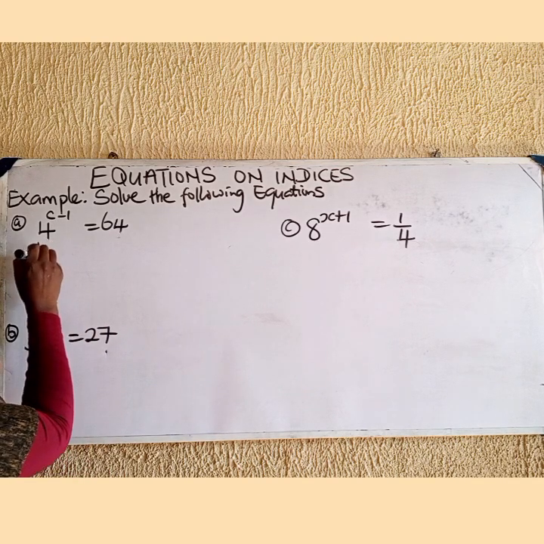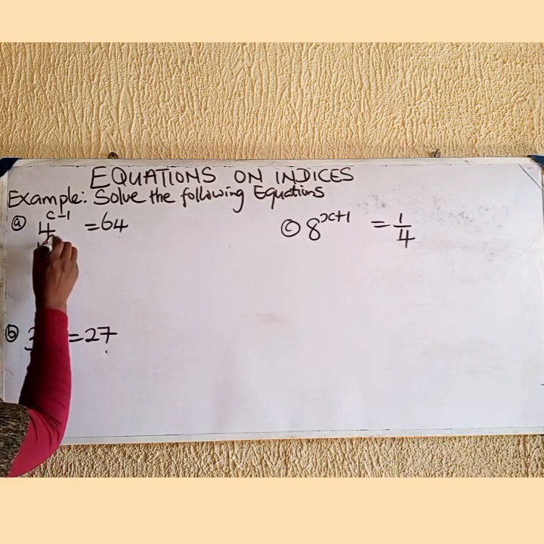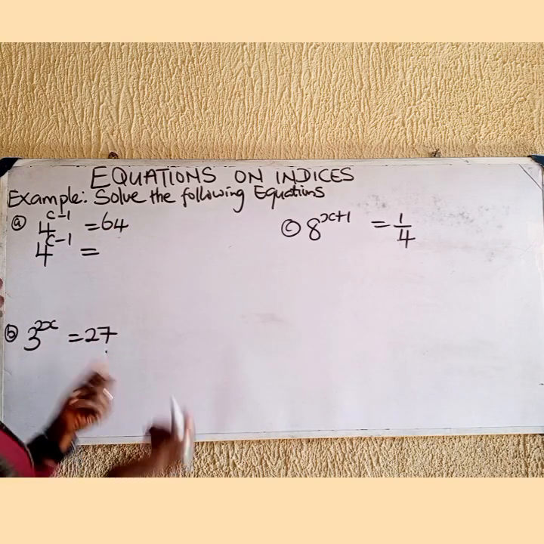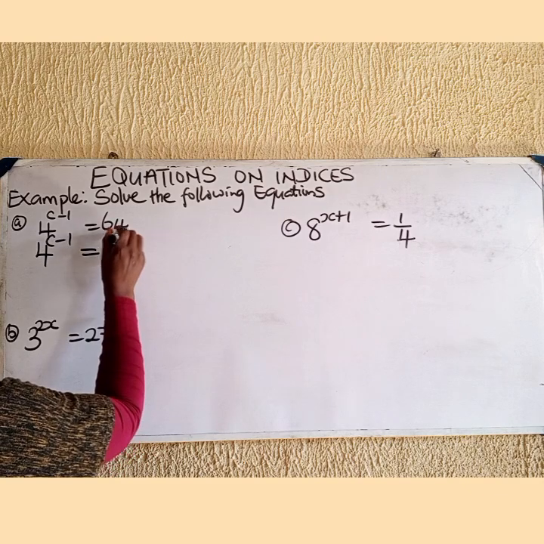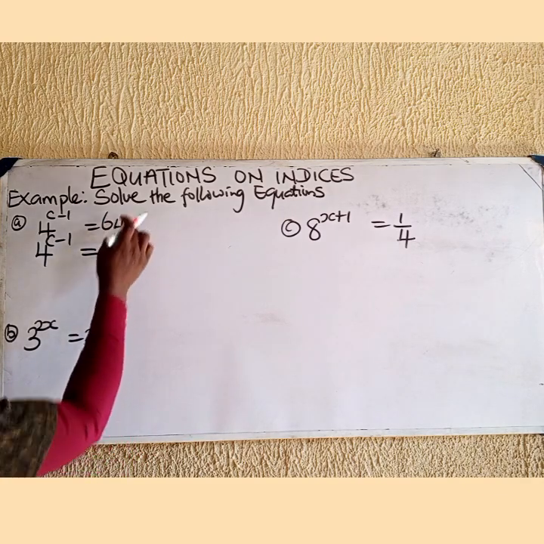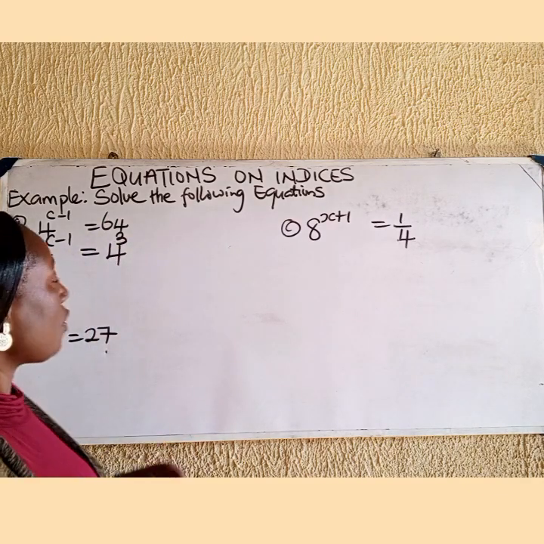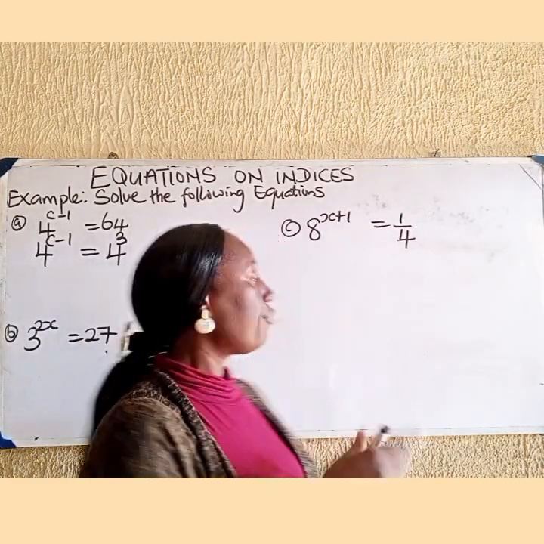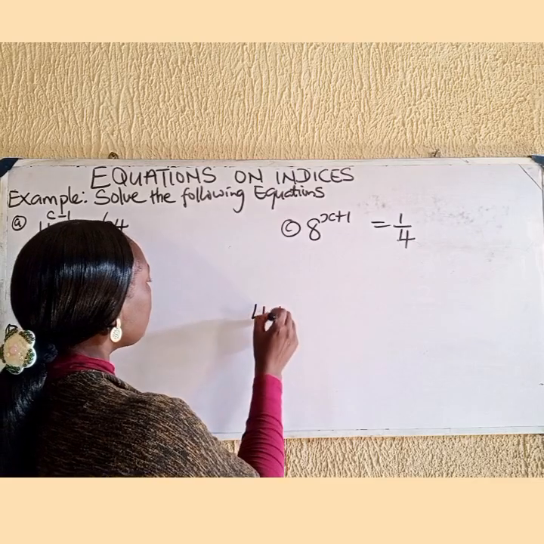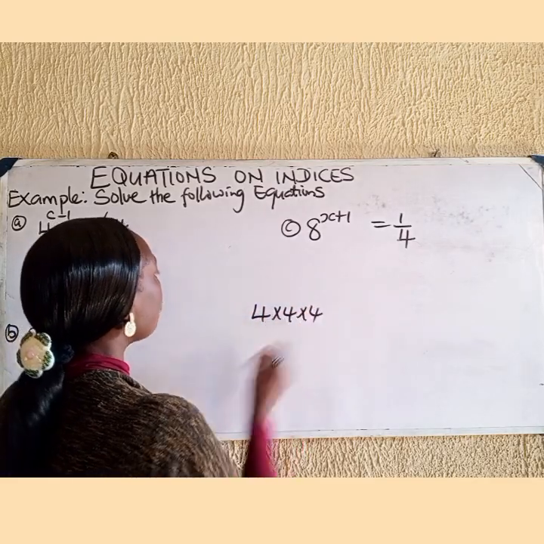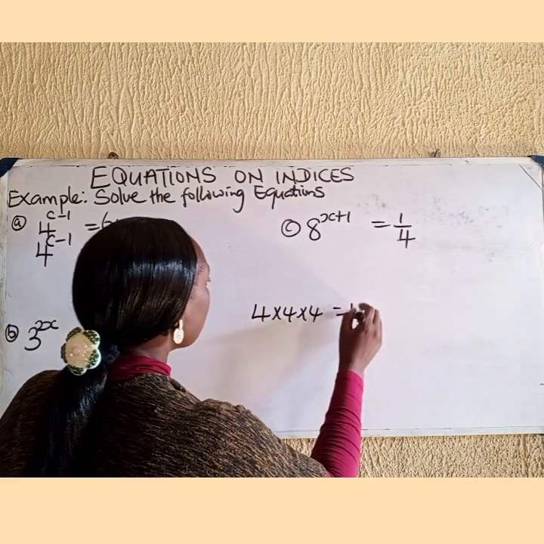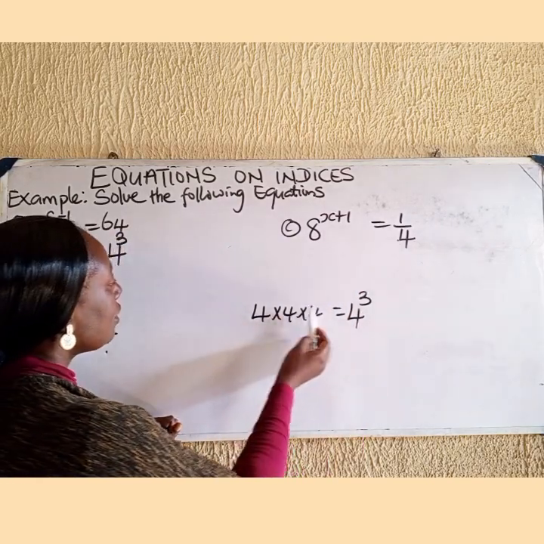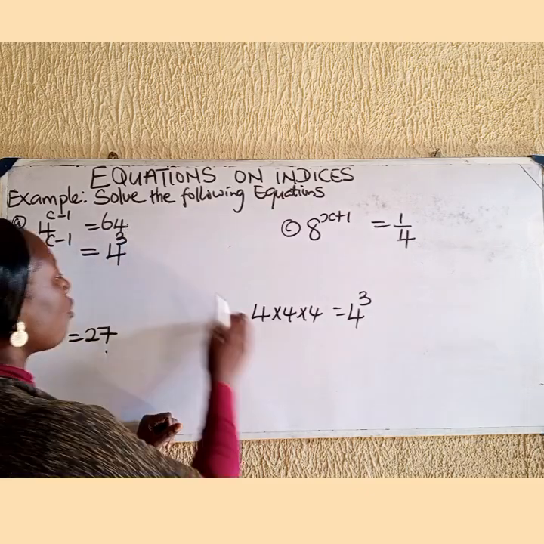I can break 64 down to be 4 raised to power 3, they are the same thing. 4 raised to power 3 means 4 times 4 times 4. And 4 times 4 is 16. 16 times 4 will give me 64.